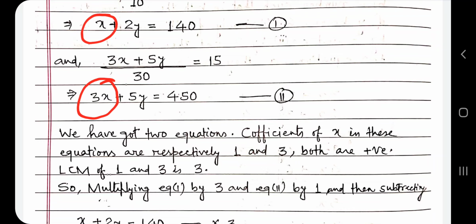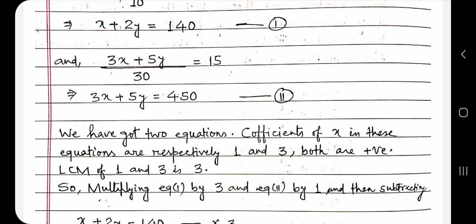So what is the step? The next step is to find the LCM of the coefficients of variable x. The LCM of 1 and 3 is 3. So try to make the coefficients of x in both of these equations equal to 3. What to do?